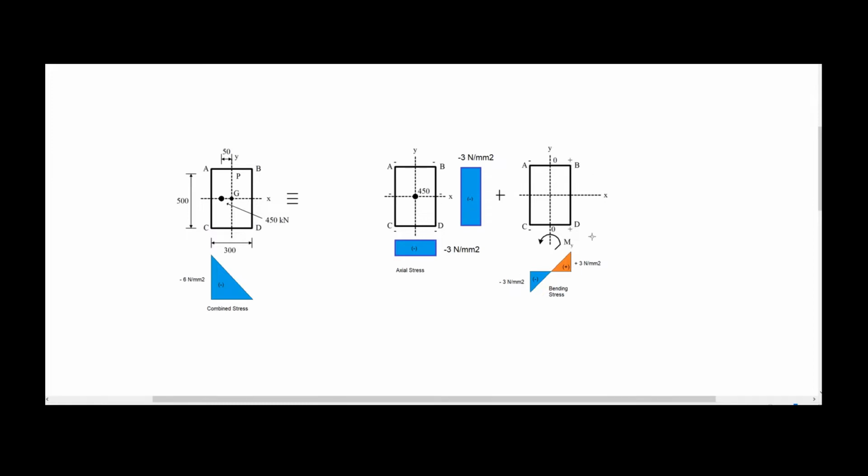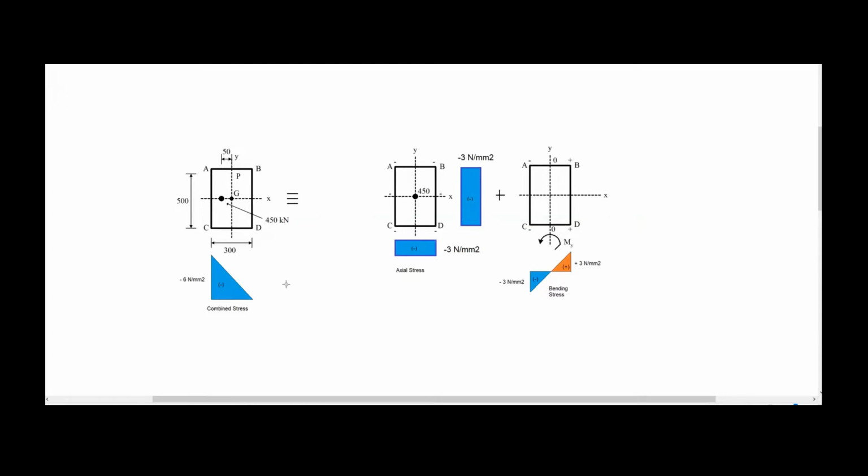So -3 plus 3 is equal to 0. And this is the distribution for this particular column with this particular cross section and loads and eccentricities in terms of distribution of the combined stress. The combined stress is linear. In this case, it's triangular because it's 0 in BD, and it reaches the maximum of -6 Newton per square millimeter on the fiber AC, as you can see in the figure.